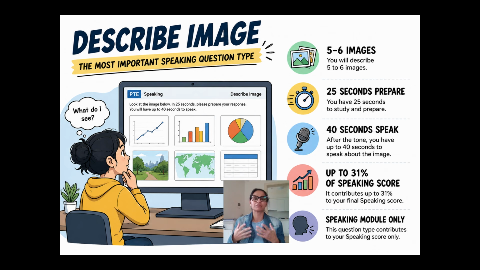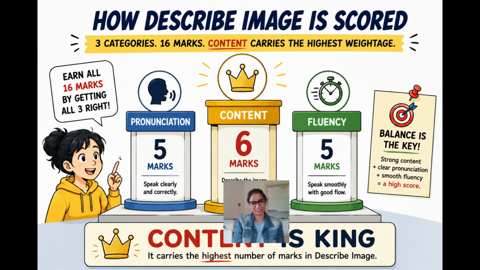You can be given multiple pie charts, multiple bar charts, pictures or photographs of people, of certain situations, not just scenery. It can be maps, not just a plain map, it can have information on it. Anything that can be described, you can be given as an image.